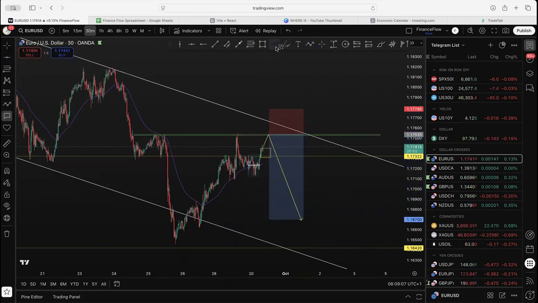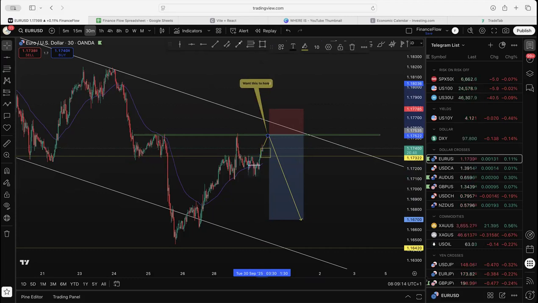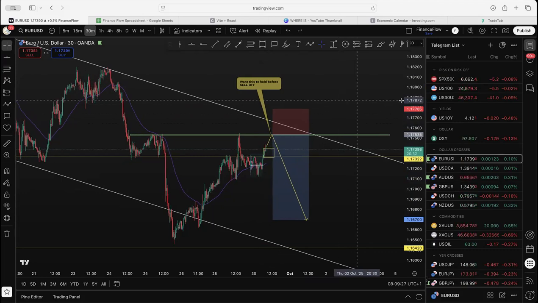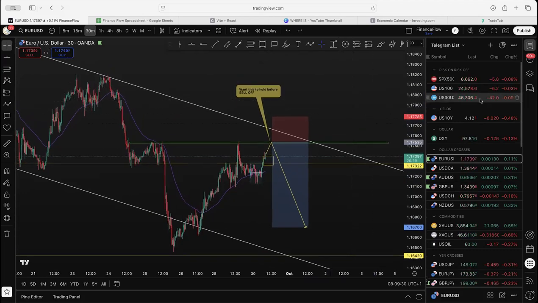So if I get a chat box here, I want this to hold before the sell off. Yeah, because we just want to have that confidence that dollar is going to continue to the downside. So I'm just going to screenshot this, and then let me just post this.